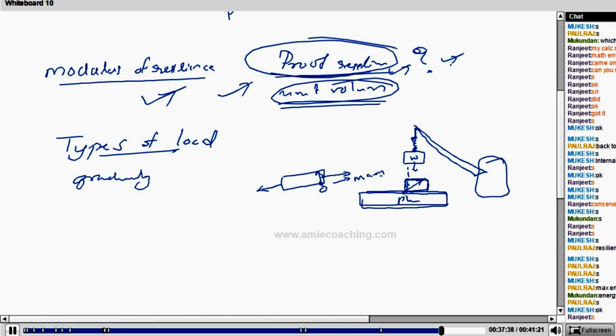So what will be the average load acting on this one? It is starting from 0 to maximum, so the average load will be P by 2.